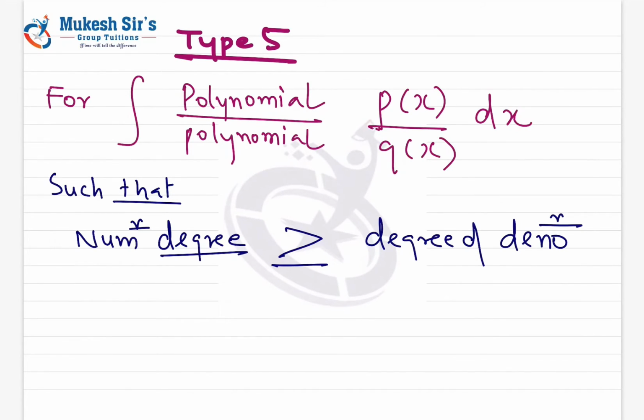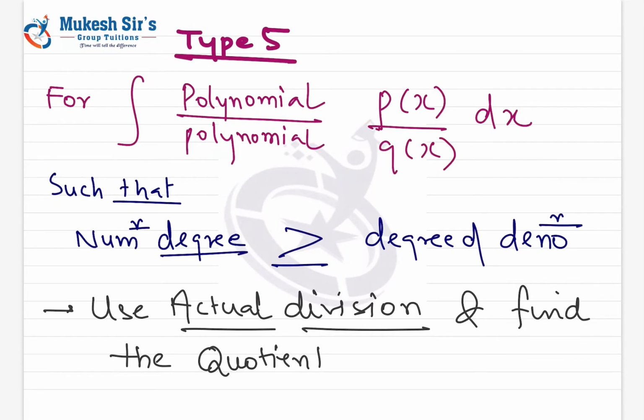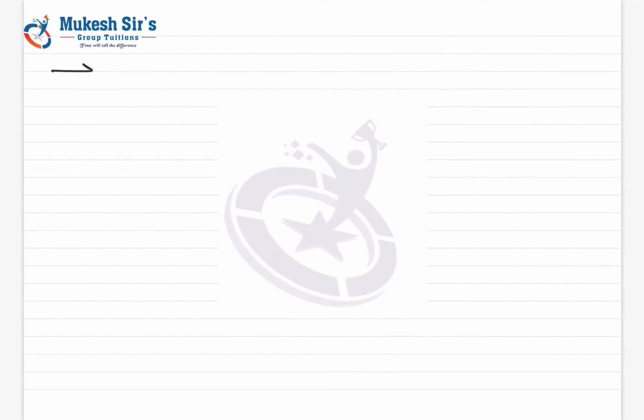Now for these kind of sums you have to use actual division. Divide the numerator by denominator and find the quotient and the remainder. Okay.